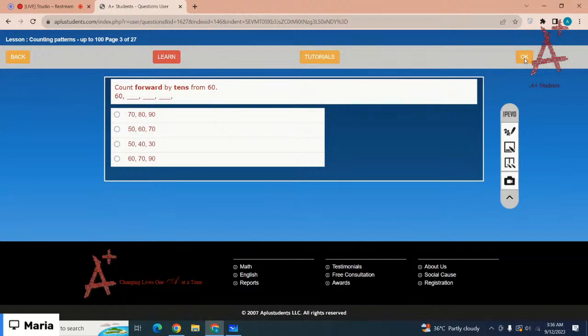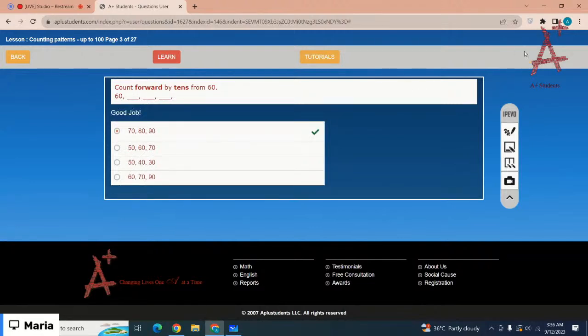The correct option is again option number 1. They are 70, 80, and 90. Very good.